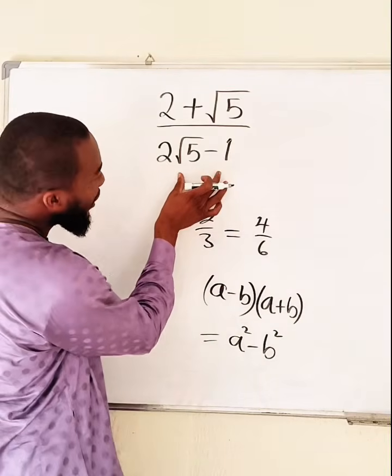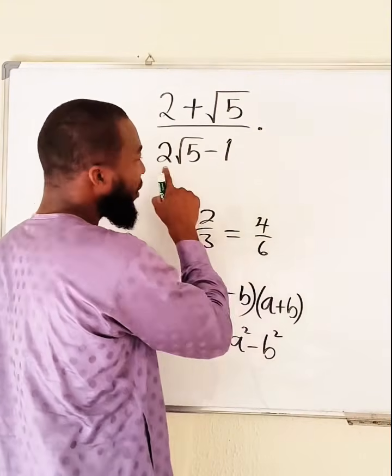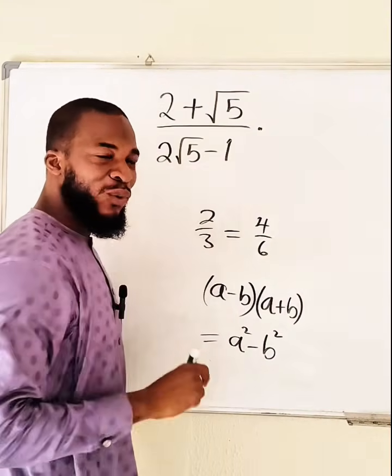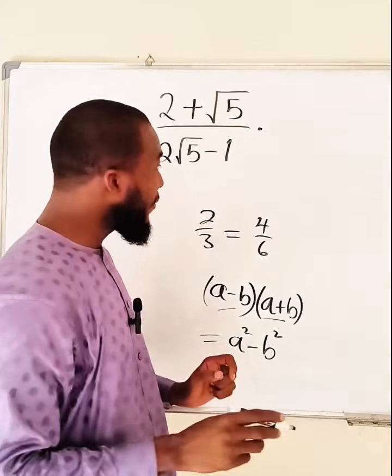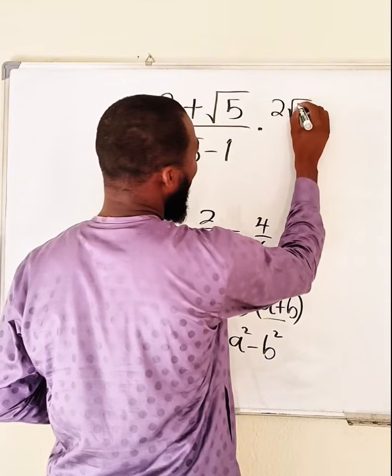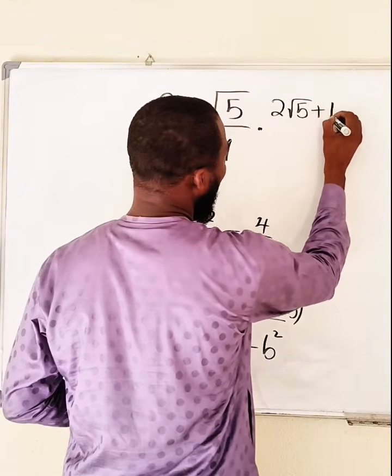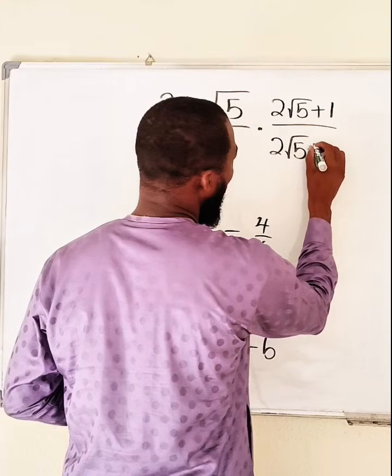So for you to rationalize this, you can multiply the top and the bottom by the conjugate of this. That's what we call the conjugate. This and this, they are said to be conjugate of each other. So we have 2 root 5 plus 1 divided by 2 root 5 plus 1.